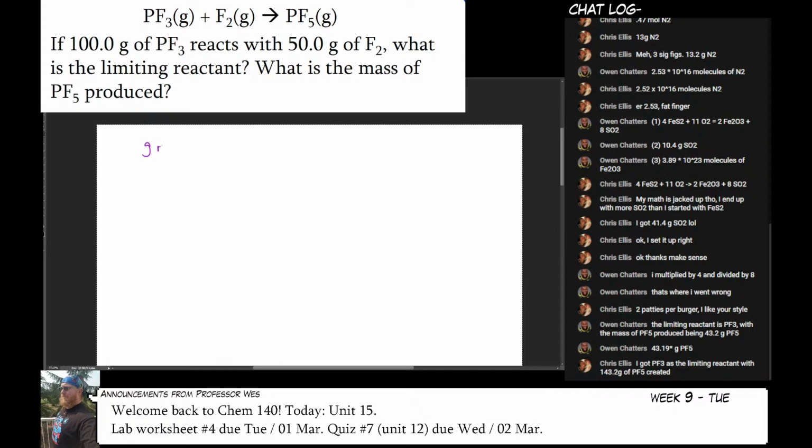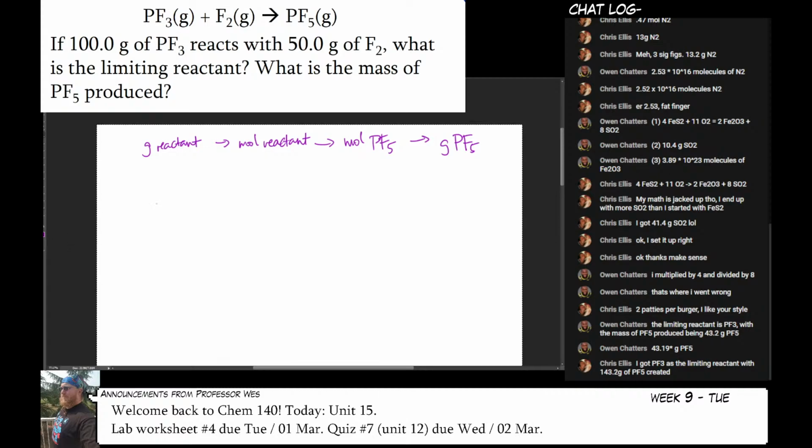We're going to take grams of our reactant, turn it into moles. Then we'll turn it into moles of the product that we want, which is, well, there's only one product, so we'll just do PF5. And then turn that into a mass. And you'll be all set.